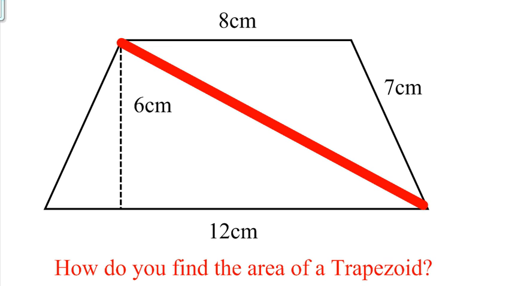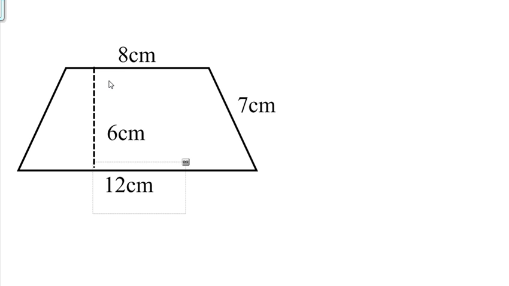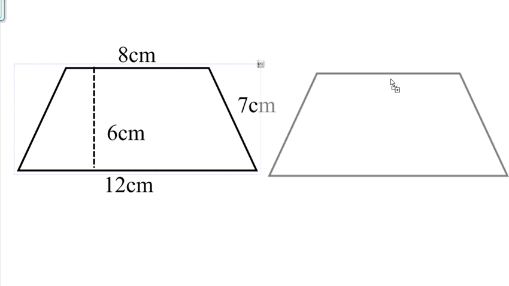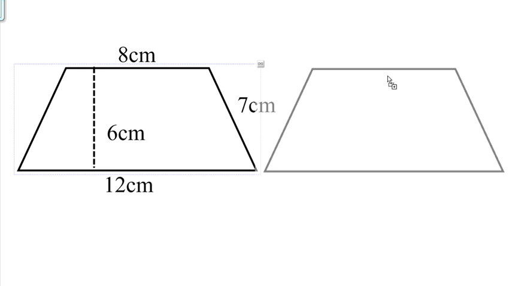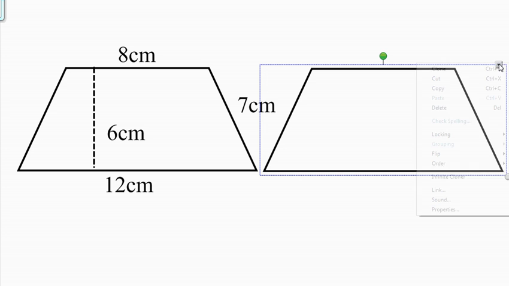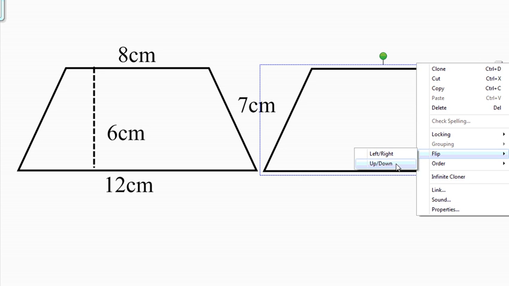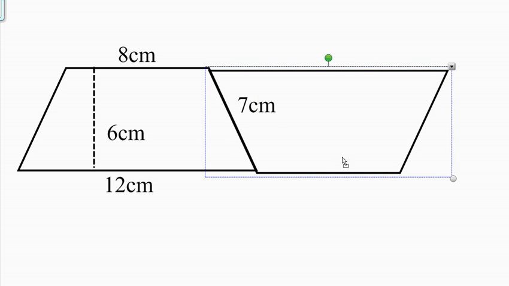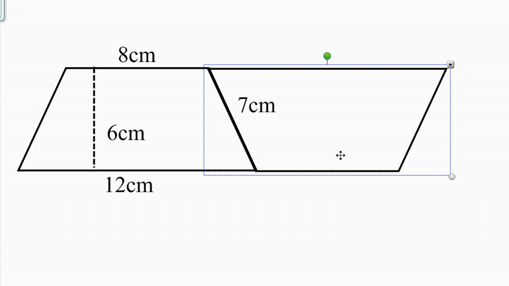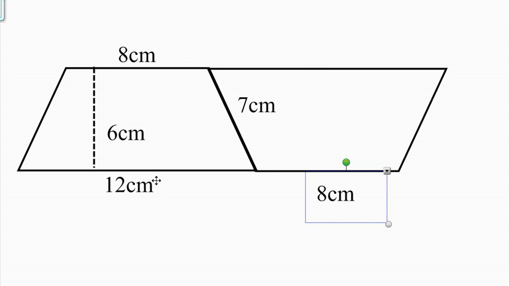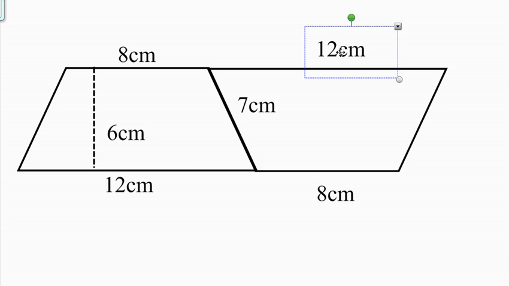That's the first way. The second way, and hopefully we've talked about this, is that it is obvious now that when I make two trapezoids exactly the same and flip one down, I now have a parallelogram. So my base now is 12 plus 8, which is 20 centimeters.